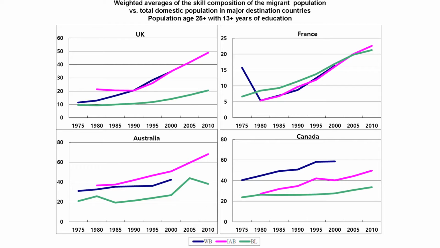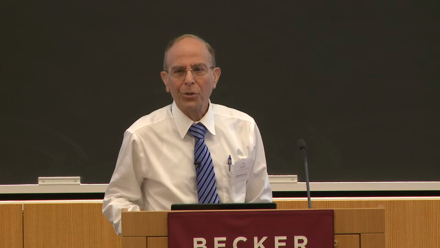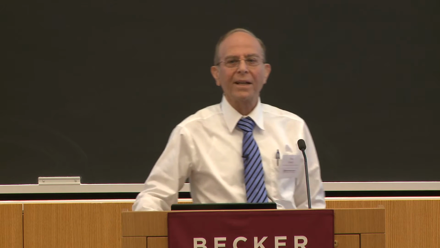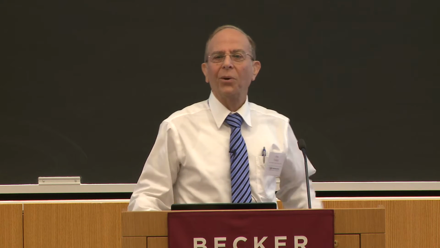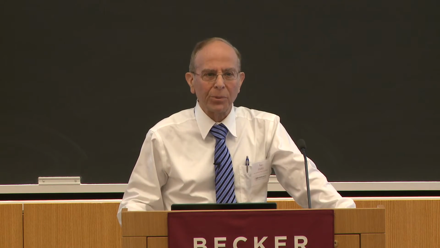The other one comes from the Institute for Labor Studies in Germany, the acronym here is IAB. They cover slightly different periods. They're not exactly identical, but all of them are based on the country's census. They represent about 77% of all immigration in the world.